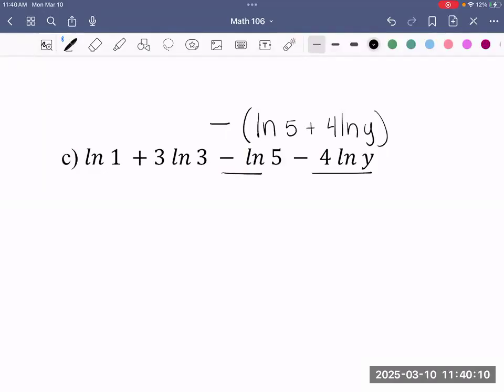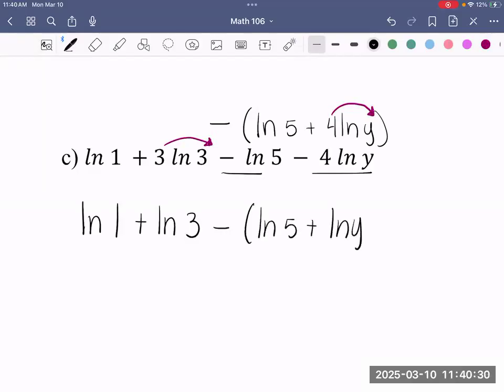And now I can go ahead and get started. Okay, this can come up, this can come up. We have ln of 1, which we'll talk about in a second, ln of 3 minus ln of 5 plus ln of y to the 4th. Oops, 3 cubed. There we go.